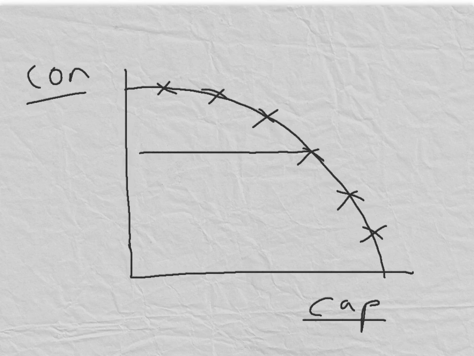For example, on this point on the PPF, the economy is choosing to use its land, labor, and capital and enterprise to make this many consumer goods and this many capital goods. So, that is what the graph of the PPF is showing us.